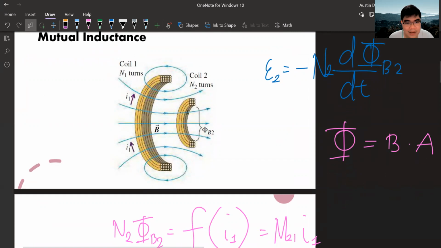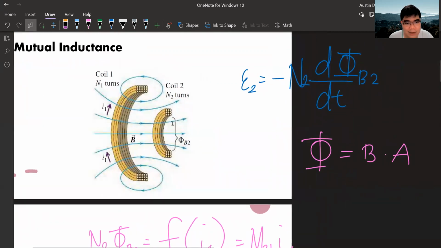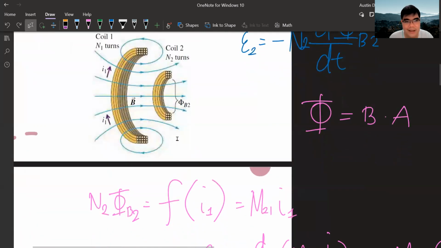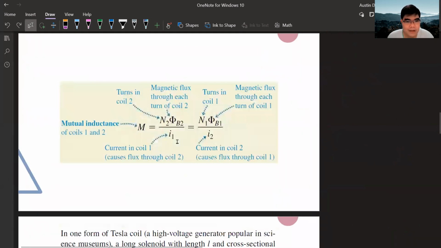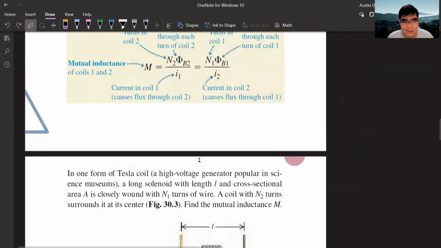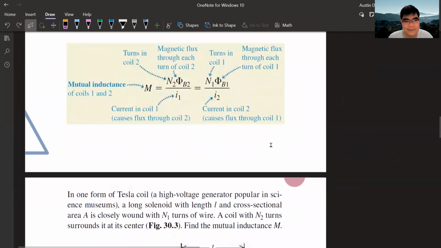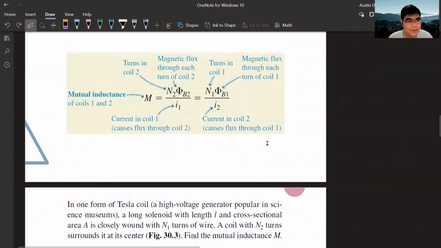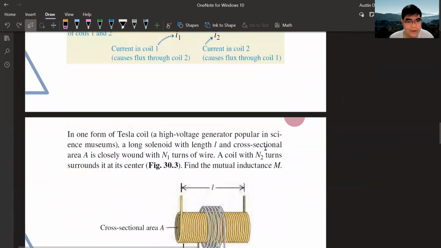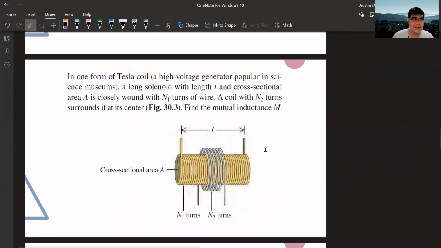And then, kapag binaliktad mo naman yung case, ito yung nagpo-produce ng magnetic field, ang mangyayari naman, onti lang yung pumapasok dito na flux kasi, maliit lang yung magnetic field na mapoproduce nito. Okay, so mag-equal lang din sila in the end. Okay, again, you can try it by yourself para makita mo yung mangyayari, di ba? Pero as non-physics majors, you don't have to do this. You don't have to go through the process of doing that.